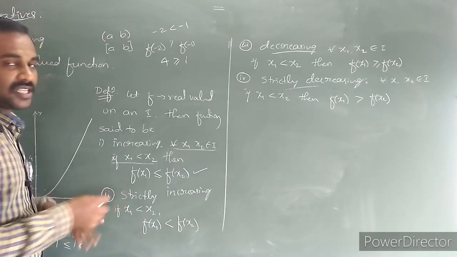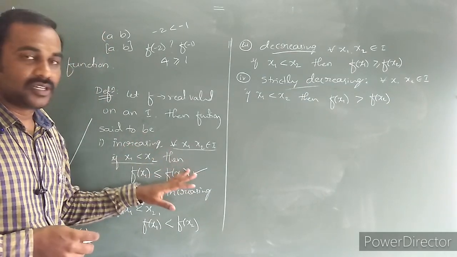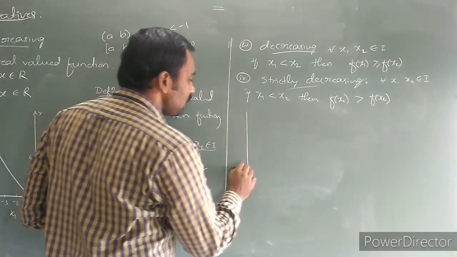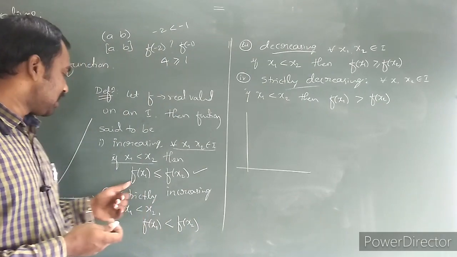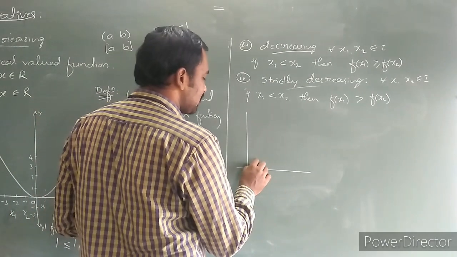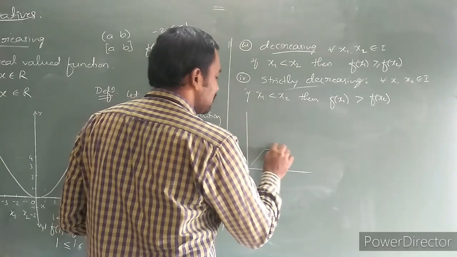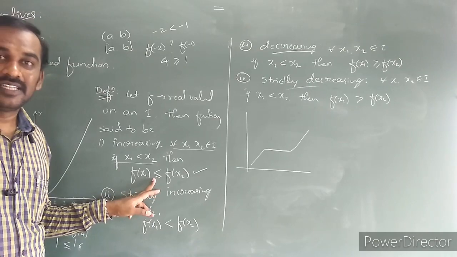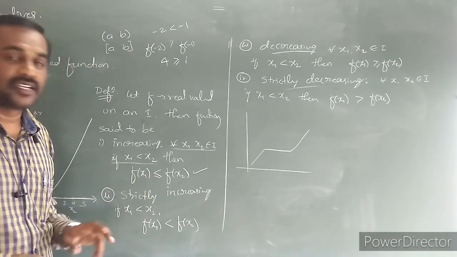So let us take some graph of this, roughly for the first case. How is the nature of the graph for an increasing function? In some situations it is equal, because I wrote it as a slack inequality. In some values it is equal.